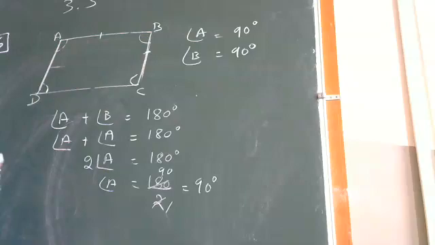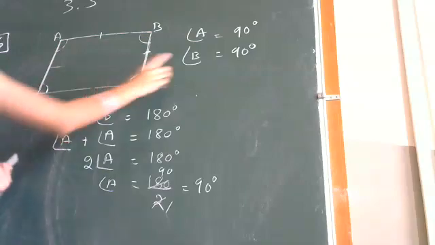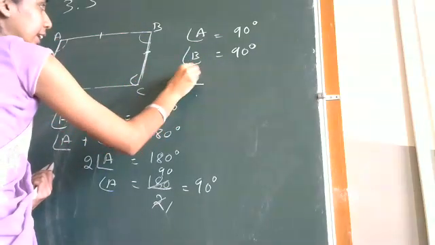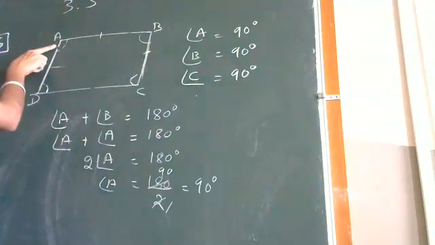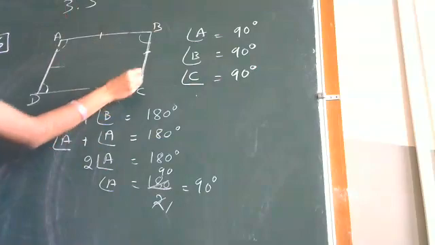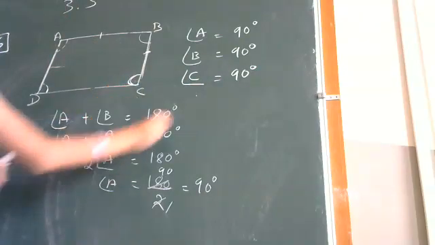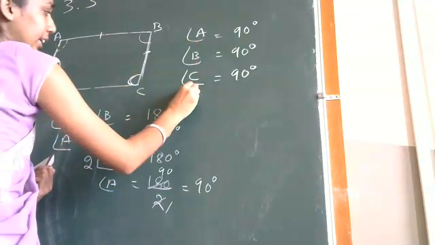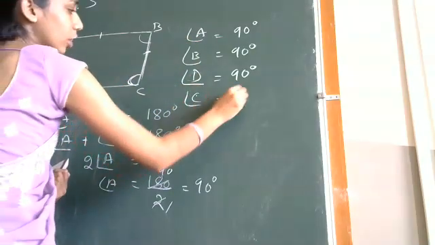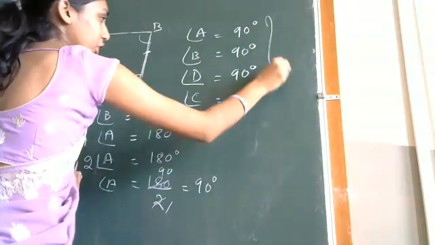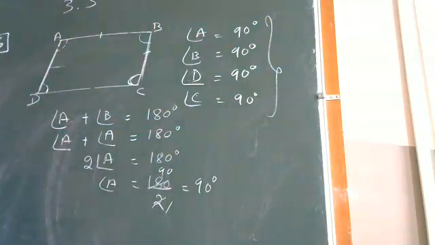Vertically opposite angles, so they also have to be the same. If B is 90, then D also has to be 90. The vertically opposite angle for A is C, so if angle A is 90, angle C also has to be 90. So the measure of all the angles in the given parallelogram is 90 degrees.